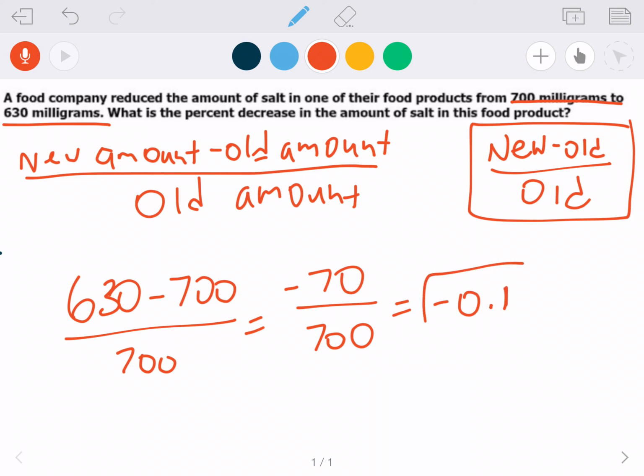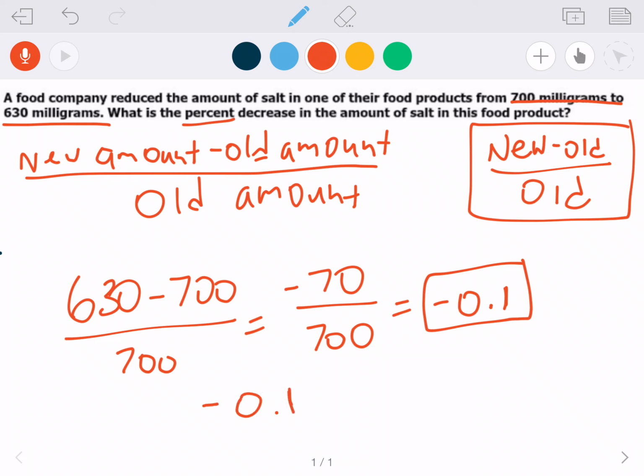Now if you notice, this answer is not a percent, but the whole point of this problem was to find the percent increase or decrease. So we need to take this decimal and we need to change it to a percent. So negative 0.1.